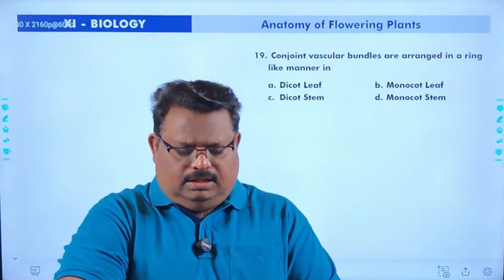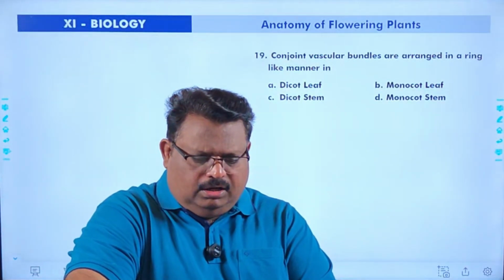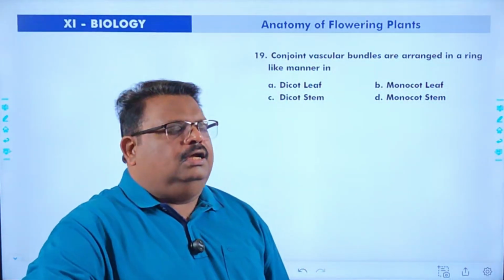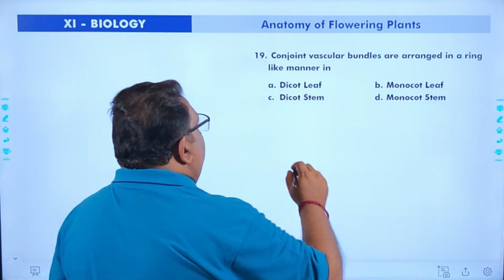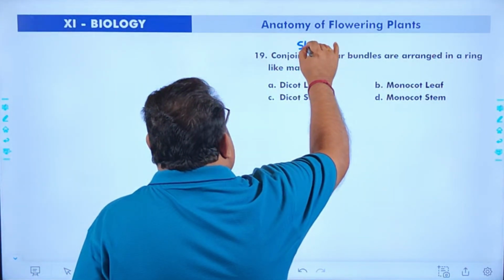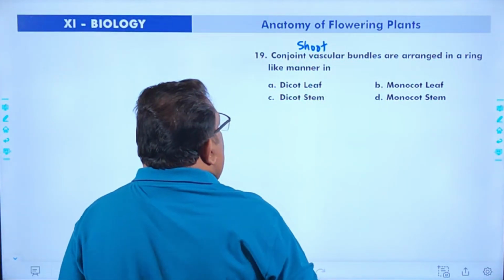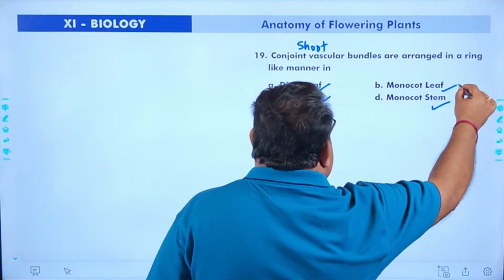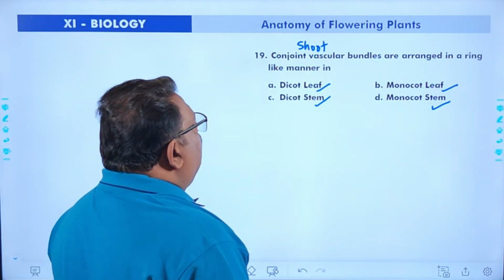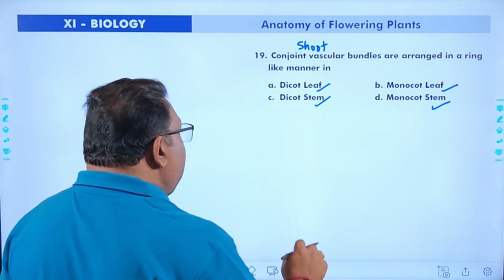The next question is regarding the vascular bundle, the conjoint vascular bundles. Conjoint vascular bundle is present in stem and leaf. It is a characteristic feature of the shoot system. They are arranged in a ring-like manner.